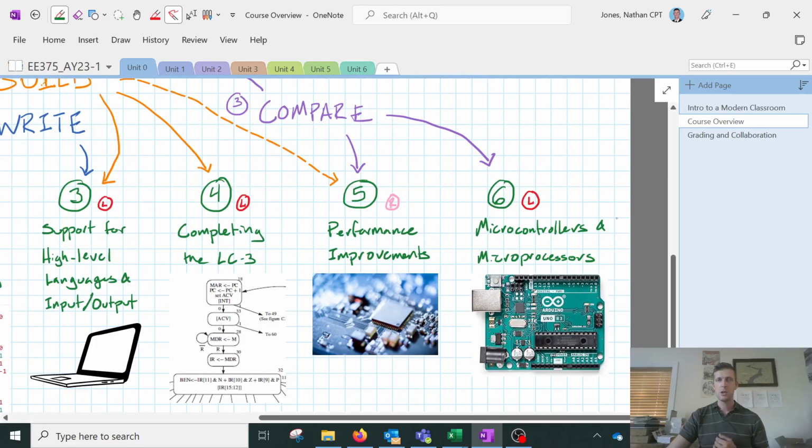And then with any luck, we'll have time at the end of the semester to move on to Unit 6, where we talk about the differences between microcontrollers and microprocessors. The LC3 is the basics for both, but we use those terms to refer to different devices that take the basic ideas that the LC3 demonstrates, which we'll have a firm grasp of at this point in the course, and optimize them for two very different scenarios.